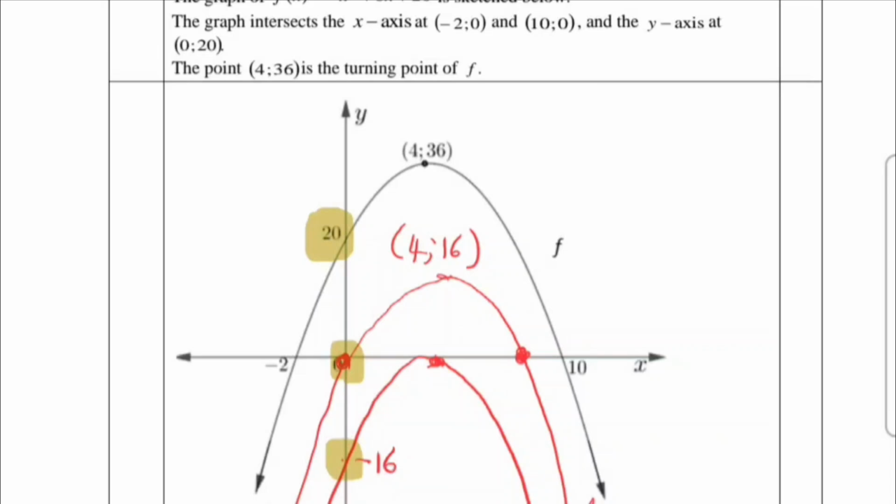This y-intercept would be negative 16. How do we know that? The turning point would now be 4 and 0, since it lies on the x-axis. And remember, between your y-intercept and your turning point, they are 16 units apart. So whatever m is, m can actually be any value between 0 and negative 16.